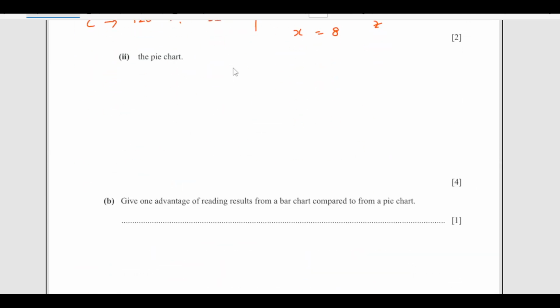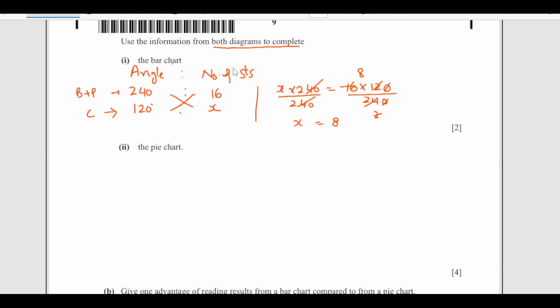Now let's move to the second part. Complete the pie chart. To complete the pie chart, what do we need? We need an angle. Angle for chemistry is already given, and we are looking for the angle for biology and for physics.